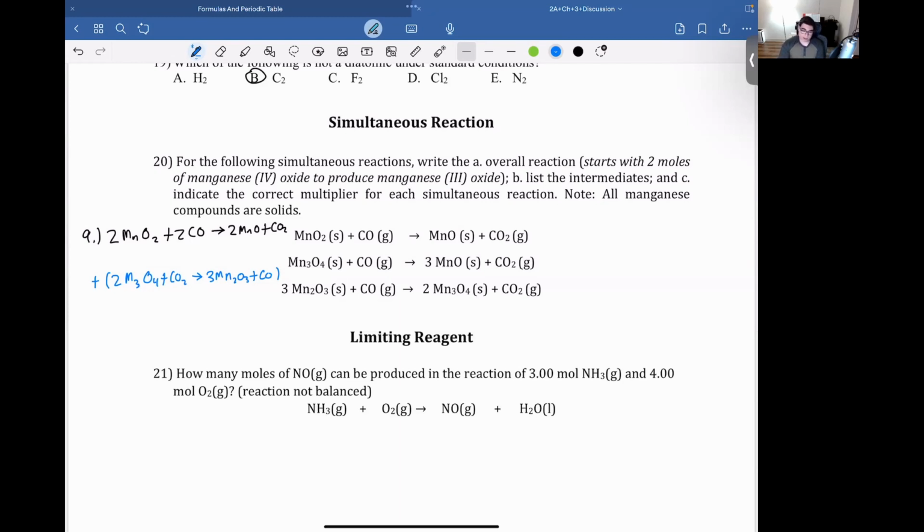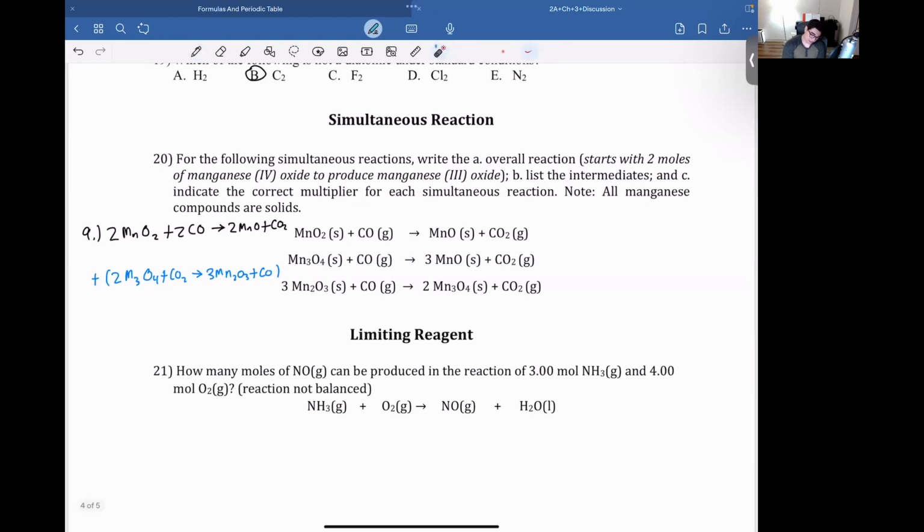So if I add these things together, I will get 3 MnO2 on the right and this on the left. Now, there's a whole bunch of other stuff that I don't really like being there, because I'm going to get MnO2 on the left. I'm also going to have this Mn3O4, which is not mentioned for the overall reaction, and then I have this other random MnO sitting here.